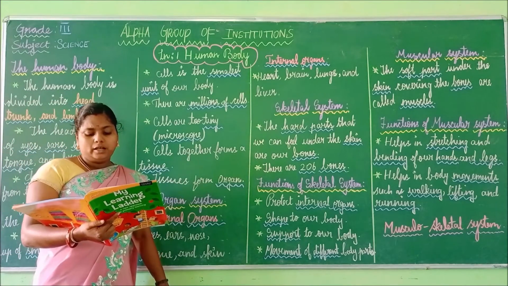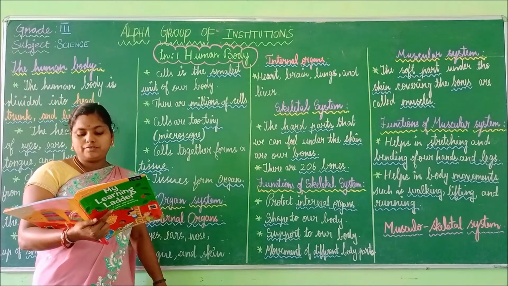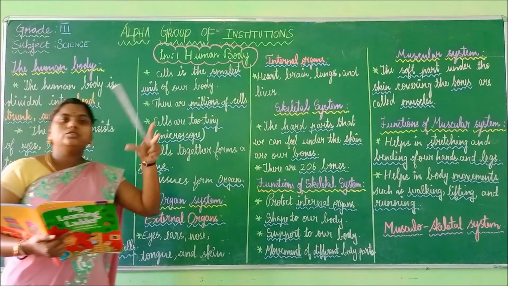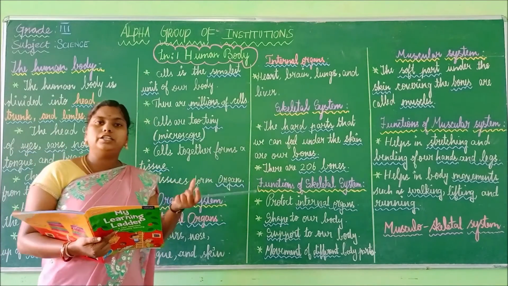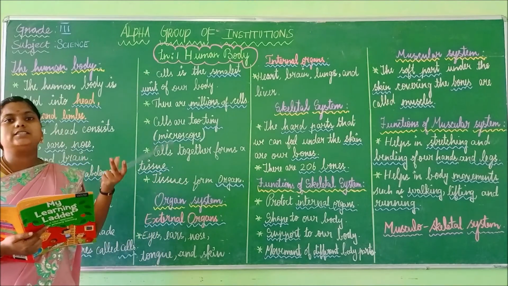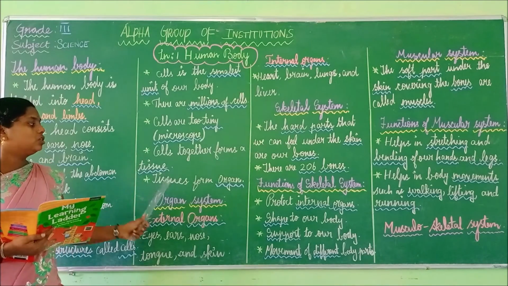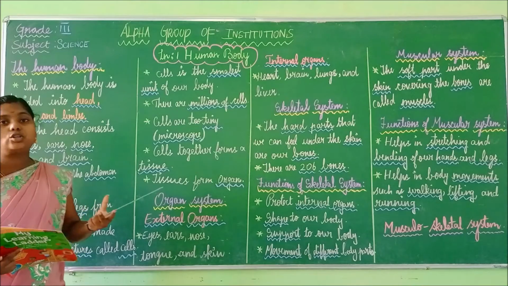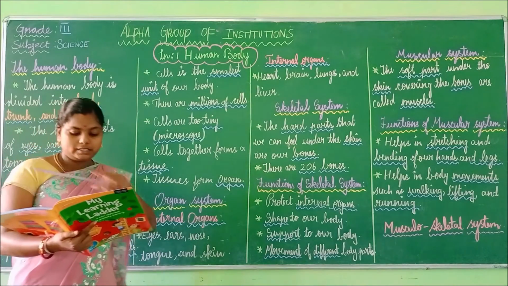Many similar cells joined together form a tissue. When a number of tissues join, they form organs.